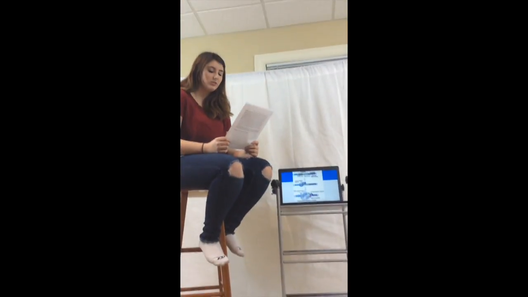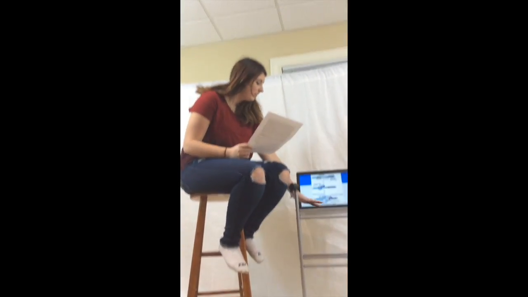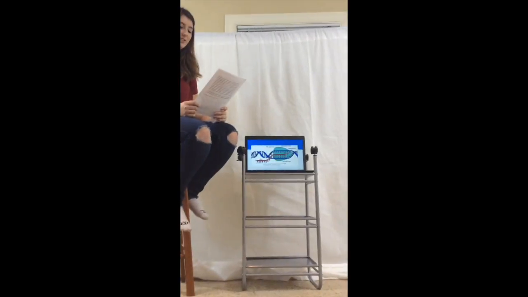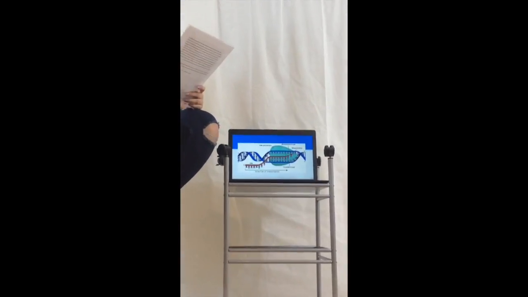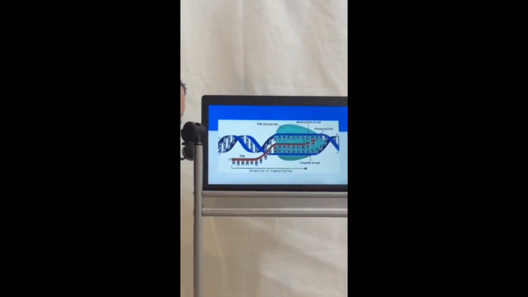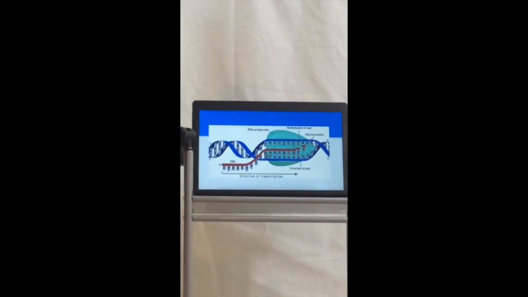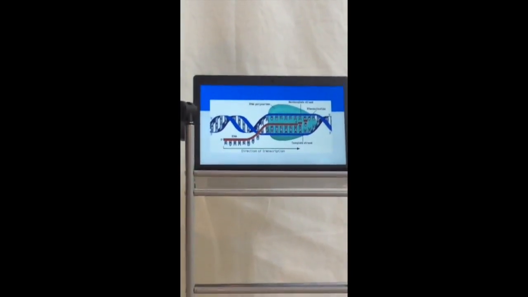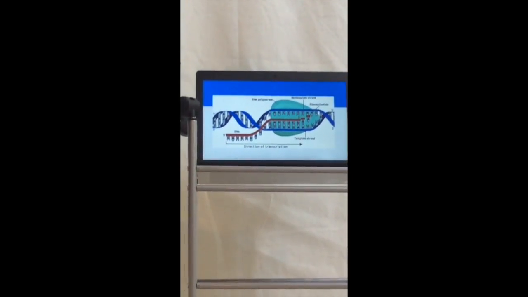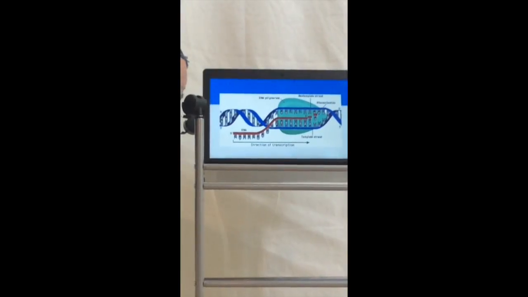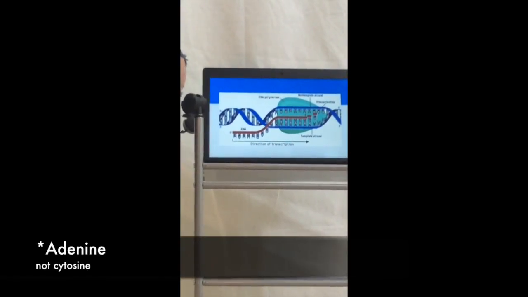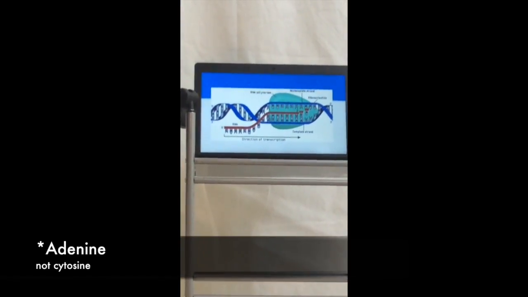In this stage, RNA polymerase moves down the template strand in a 5' to 3' direction, adding complementary messenger RNA nucleotides to the strand. This works the same way as DNA replication, except the complementary nucleotide for adenine is uracil instead of thymine.